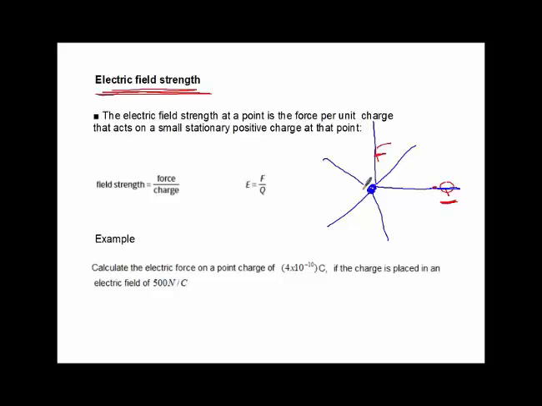So the electric field strength E at this point is the force per unit charge of this stationary positive charge. So we divide the force, again, which force? That which has been caused by the electric field.